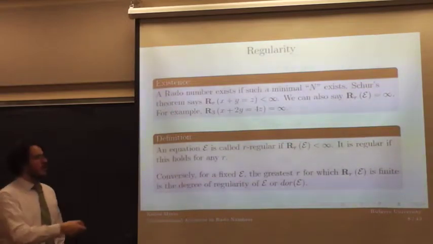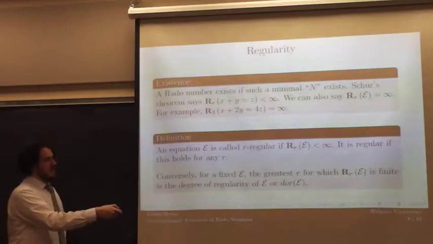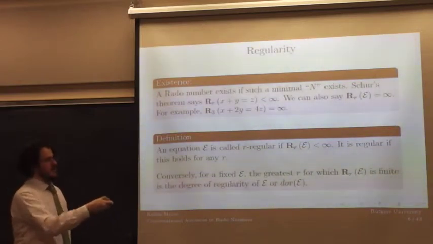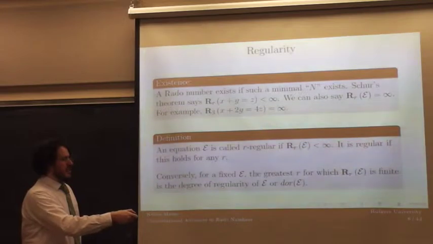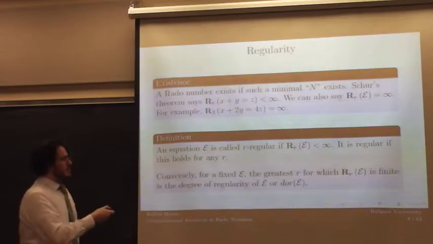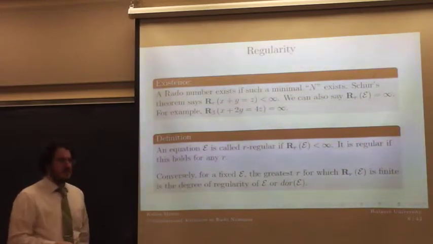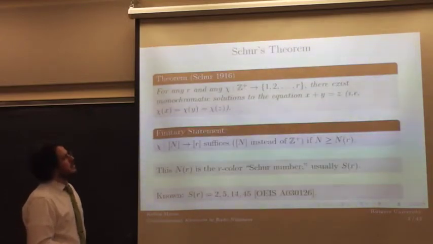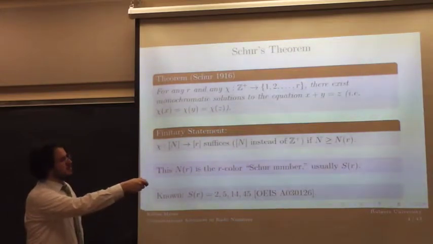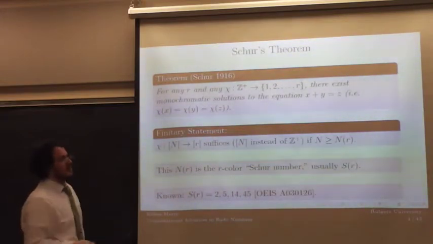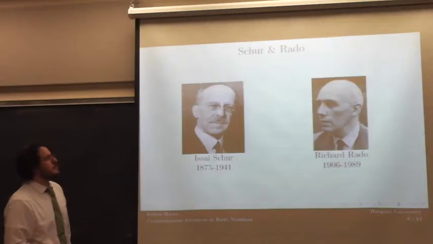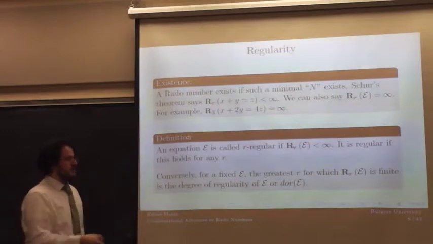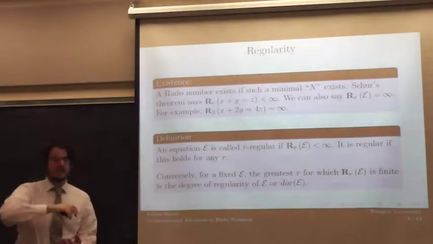So we'll call the equation R-regular if the number is finite. So this, for example, is not 3-regular, because it's not finite. And if we just say regular without specifying a number, it's because it's true for any R. So if we rewind to Shor's theorem, which I guess I can do if I click a lot, Shor's theorem says that this equation is regular, because it holds for all R. And for a fixed equation, we can turn this definition around.